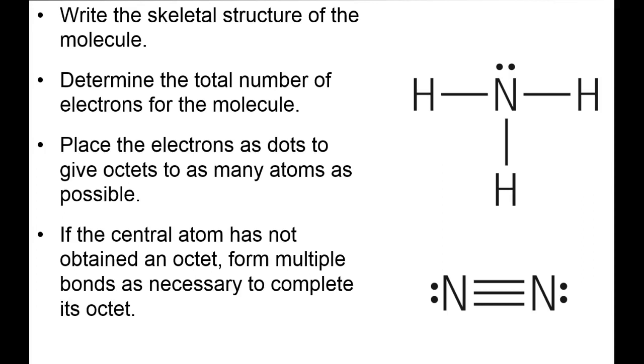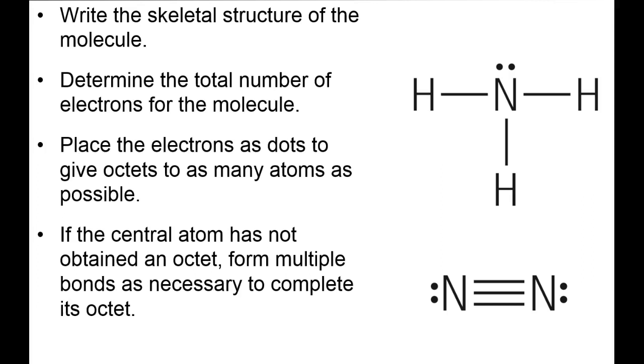Okay, so if we had to look at this particular structure, what am I looking at? I've got NH3. So I've got ammonia. Okay, so if we look at nitrogen, and I apologize for being in the dark again.